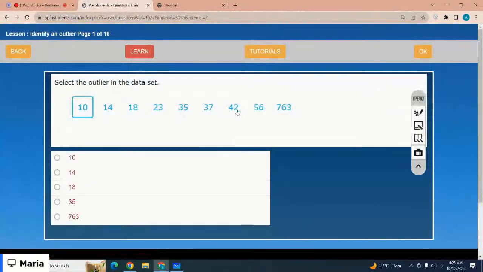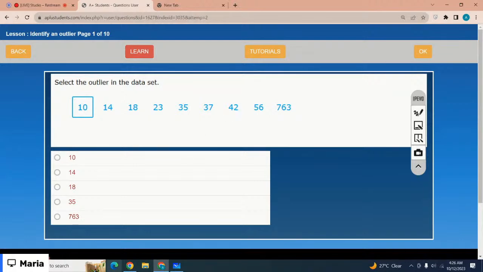Select the outlier in the dataset: 10, 14, 18, 23, 35, 37, 42, 56, and 763. Which is the outlier? Very good.